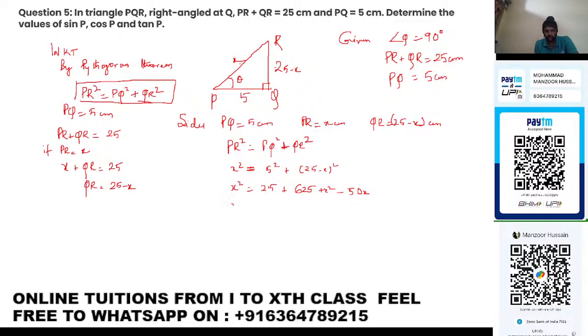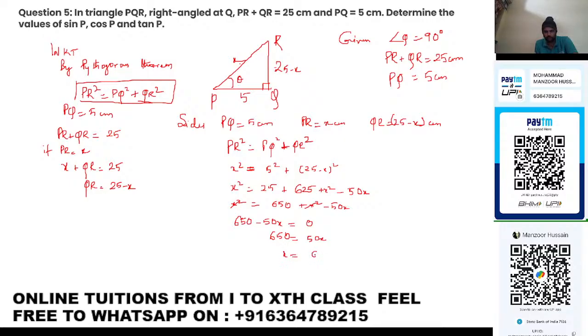In that case, X square is equal to 650 plus X square minus 50X. X square goes off, so we are left with 650 minus 50X is equal to 0, and 650 is equal to 50X.